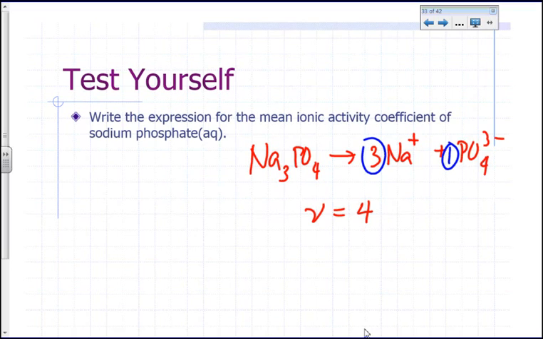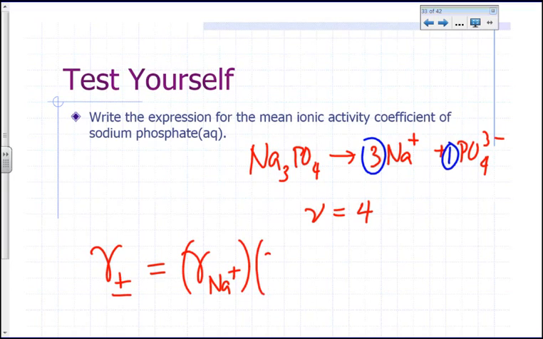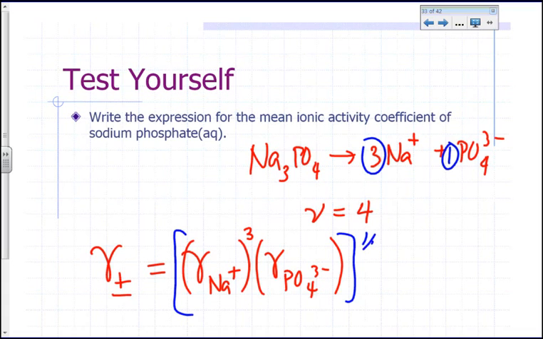That means gamma plus minus is equal to gamma sodium raised to the power 3 times gamma phosphate, and this whole expression is raised to the power 1/4.